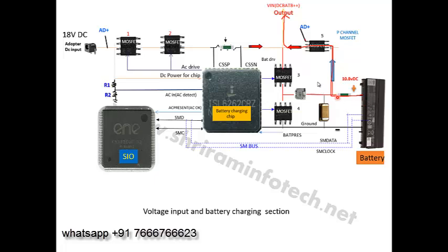That means the possibility is that maybe these two MOSFETs are open. That's possibility number 1. Possibility number 2, maybe this resistor number 1 is open, or maybe this chip is faulty and not giving triggering to this MOSFET. These are the possibilities if the laptop is not working on the adapter but works on the battery. So this is problem number 1.